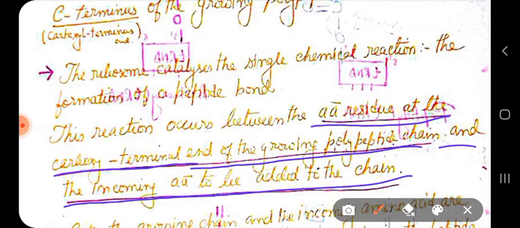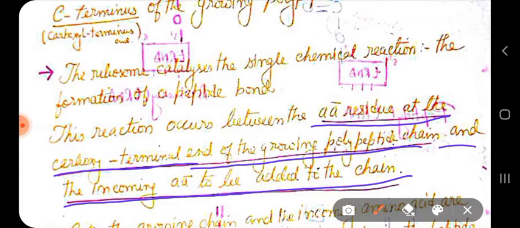So two amino acids are involved: the one on the aminoacyl tRNA which is now incorporated within the ribosome for elongation of translation, and the one on the peptidyl tRNA.